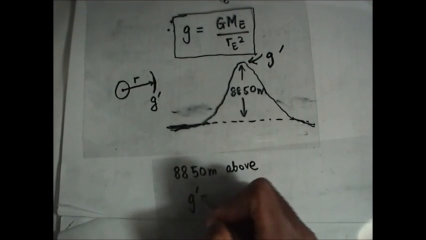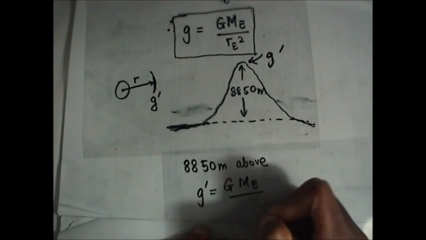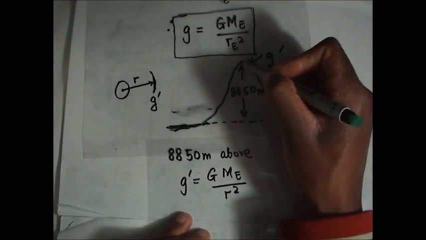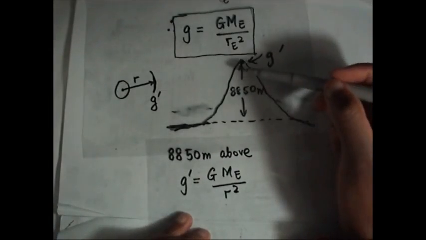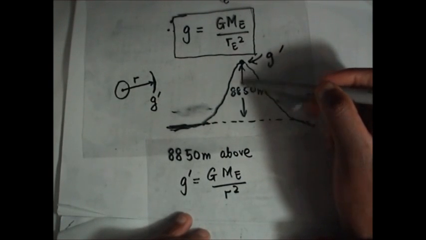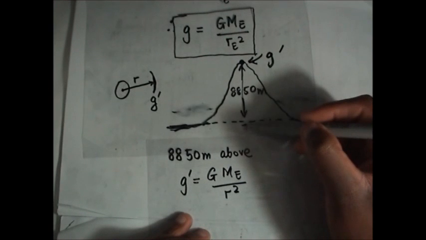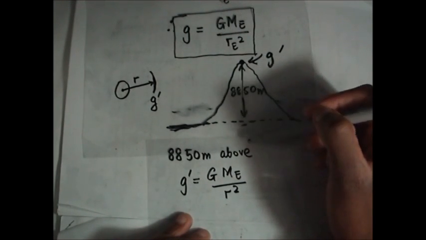g prime will be equal to G times the mass of the Earth over r squared. r will be the distance of that point from the center of the Earth, and as you can see, it will be the height of the mountain plus the normal radius of the Earth. So it's going to be 8850 plus the radius of the Earth.